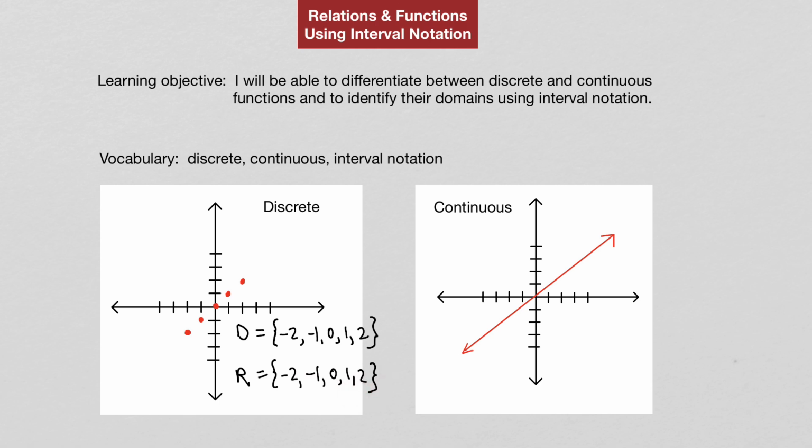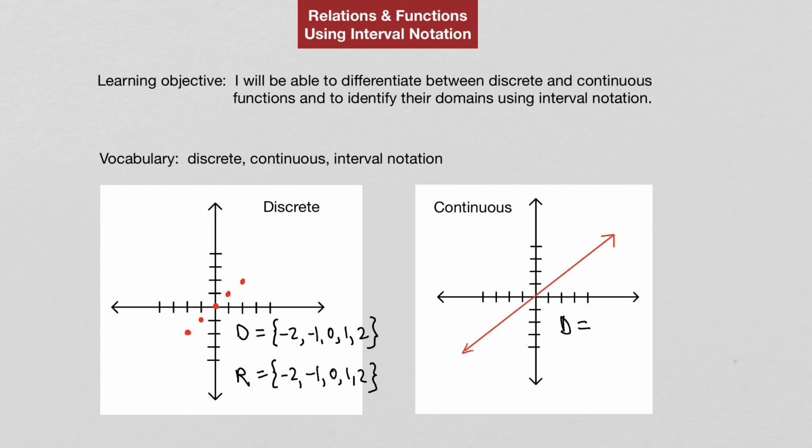Now with the continuous function on the right here, we're going to do something similar, and we're going to say that the domain is going to equal, now take a look, if we look at the x-axis, we see that this function, or this line, continues down, or to the left in this case, into infinity, or what we call negative infinity, because it doesn't stop.